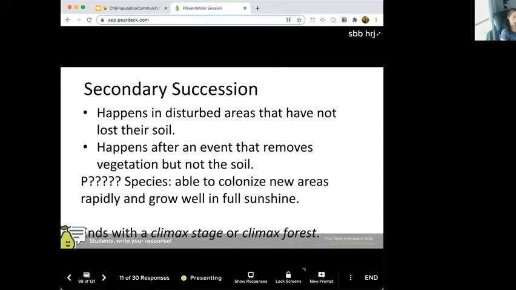This species is able to colonize new areas rapidly and grow well in full sunshine. We just looked at this in the video from the College Board. What are those species known as? Because they are the first to arrive. Good, waiting on 4 of you.